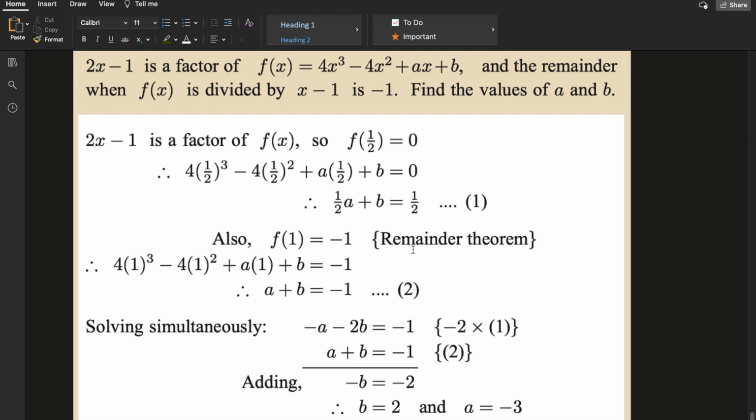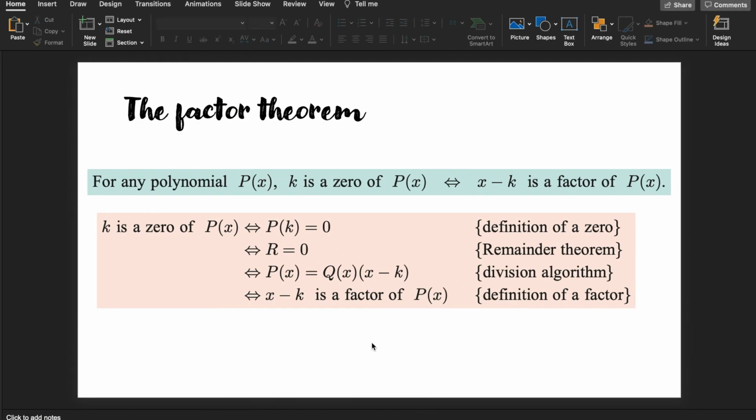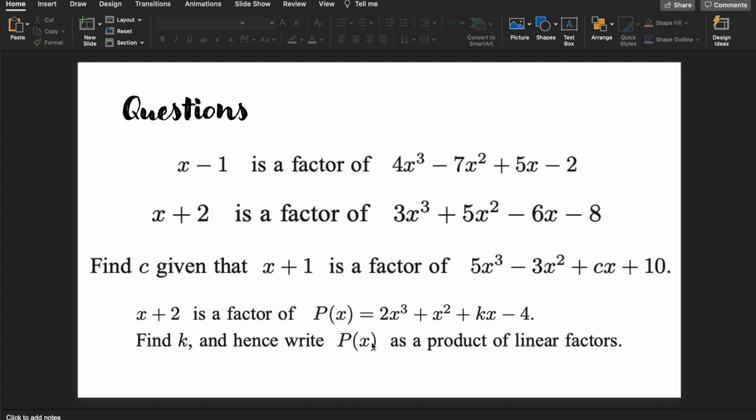So you can get questions based on the remainder theorem and the factor theorem, or just the remainder theorem, or just the factor theorem. Now that we have understood what the factor theorem is, and we have looked at a worked example, let us actually go on to solving some questions. Take a few minutes to solve these.